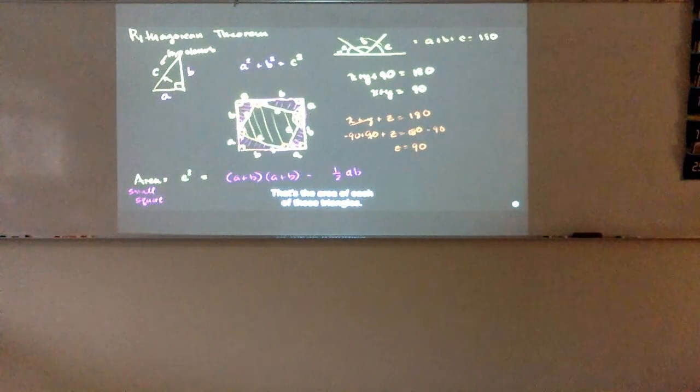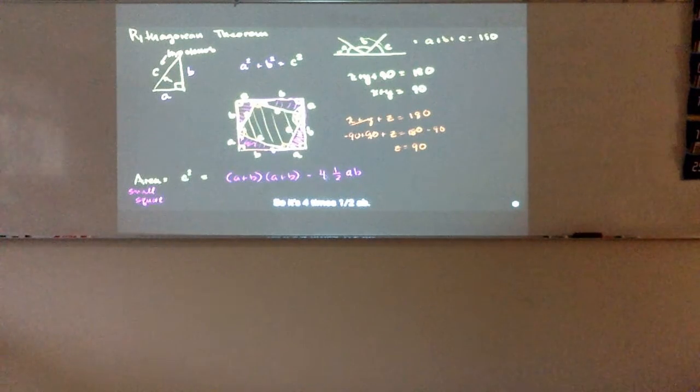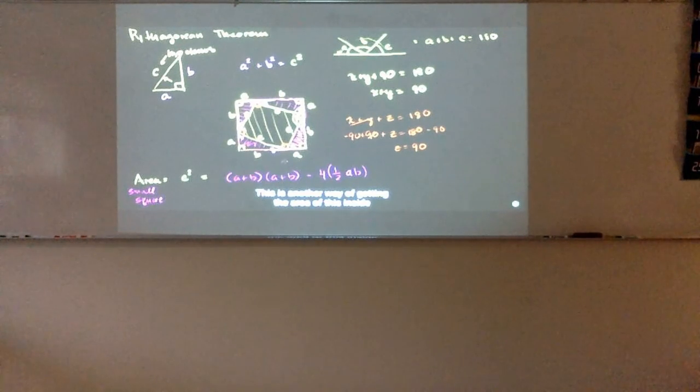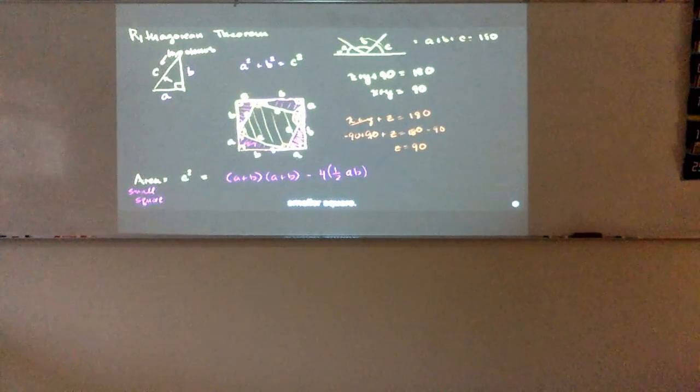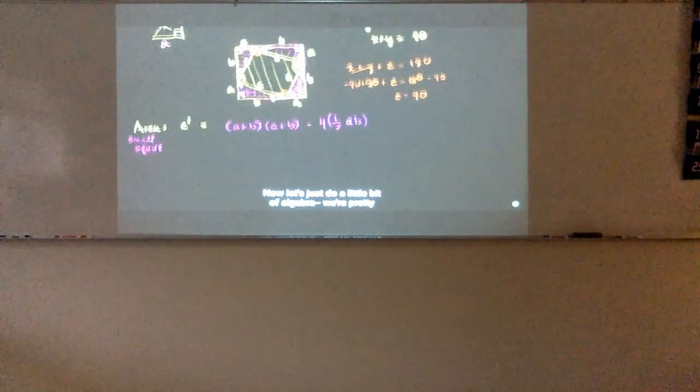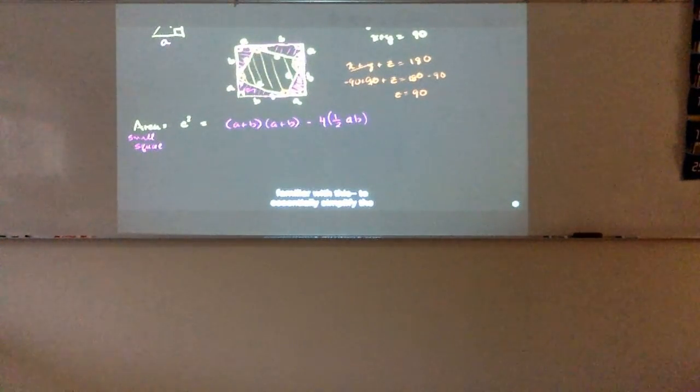Now we have 1, 2, 3, 4 of these triangles. So it's 4 times 1/2 ab. This is another way of getting the area of this inside smaller square. Now let's just do a little bit of algebra. We're pretty familiar with this, to simplify the right-hand side of this equation right here.